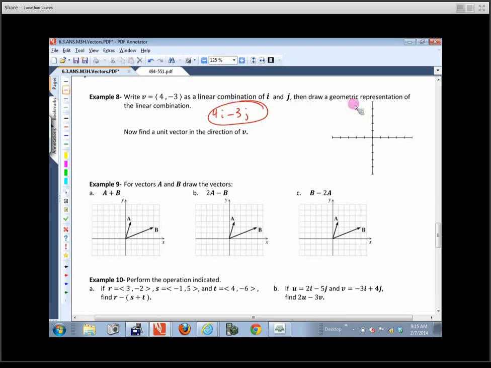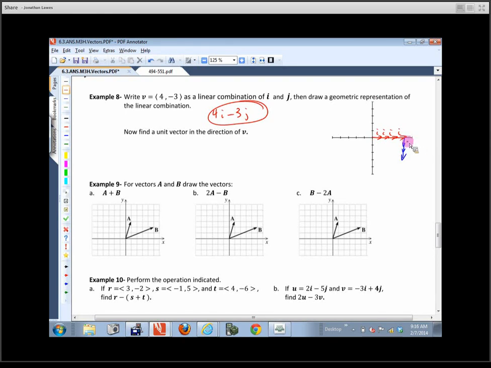If it says draw a geometric representation of that, we want to indicate that we're taking 4 i's and then we're subtracting 3 j's. So we do 1, 2, 3, 4 i's. There's an i, there's an i, there's an i, and there's an i. And then I want to subtract 3 j's. So remember, the minus is going to change the direction of j. The positive j direction is going up, so we're going to go down 1, 2, 3.